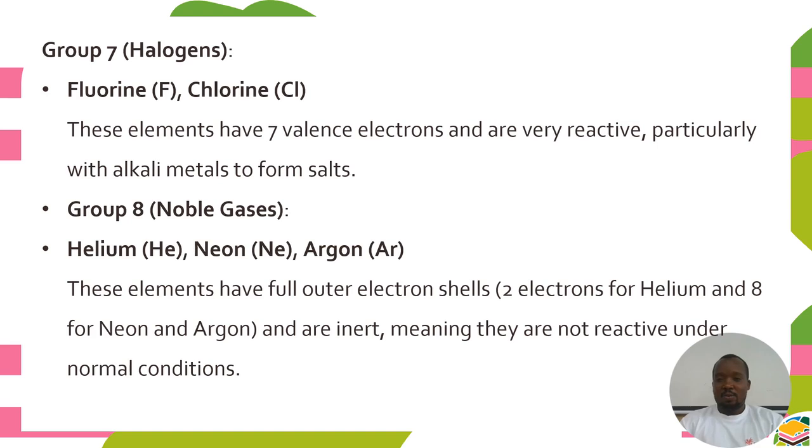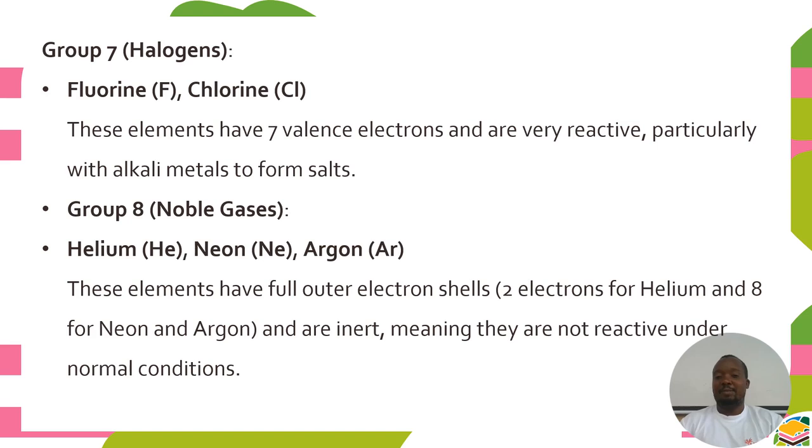So we can give another reason for elements found in group number 8. These elements have full outer electron shells. That is why helium is a member of group number 8, because it has one shell, and for it to be full, it is supposed to accommodate 2 electrons.